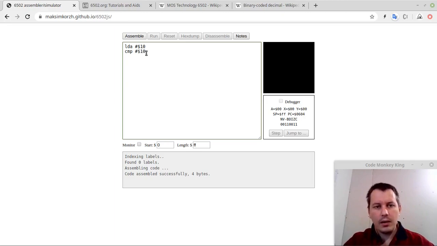In this case, I want to say, for instance, branch equals, and let's create a label equals, and here the label not equals.